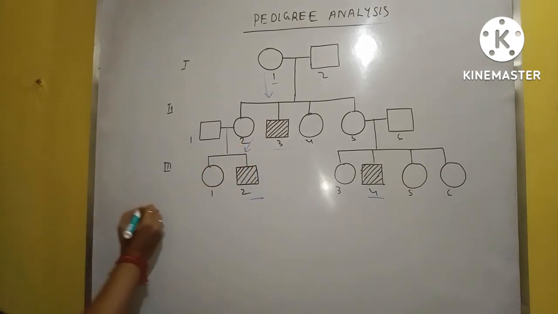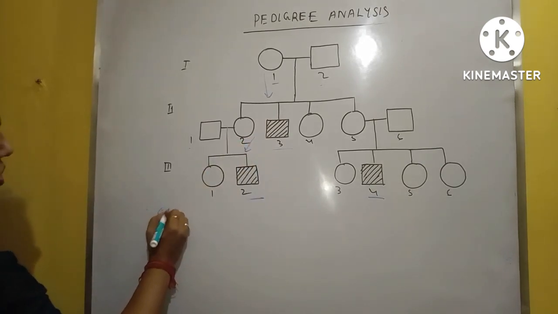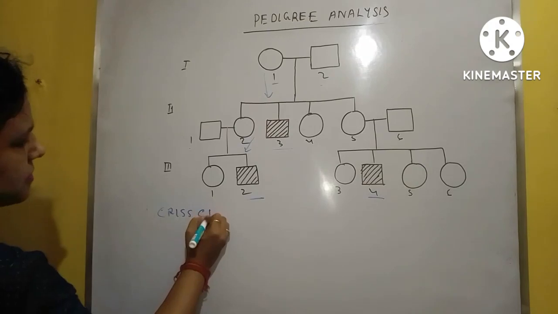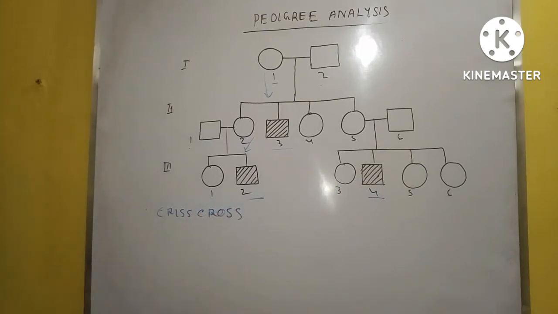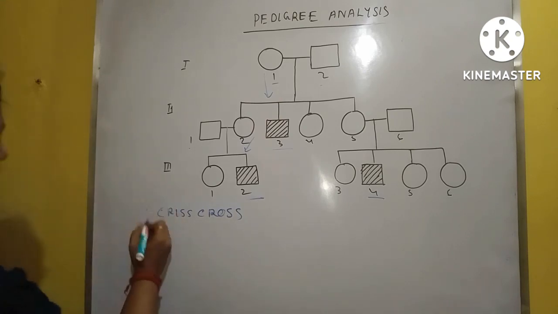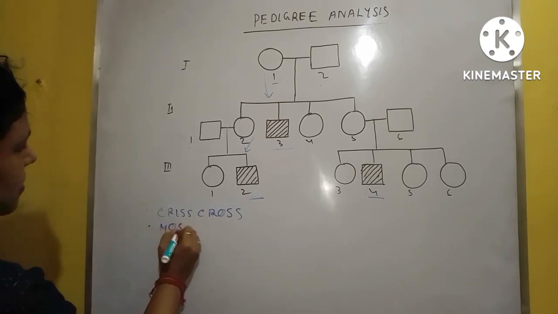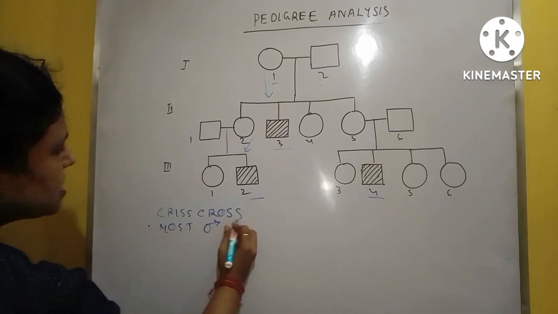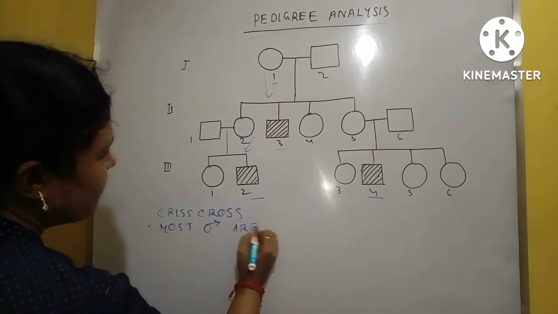So here, first we write the crisscross. Crisscross transmission of the gene is seen here. And the second one, most males are affected.